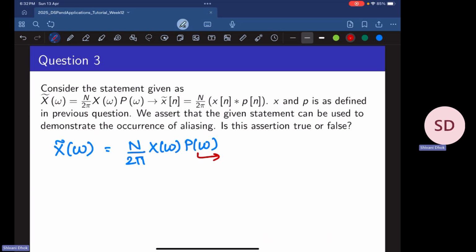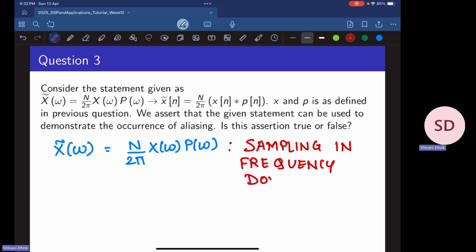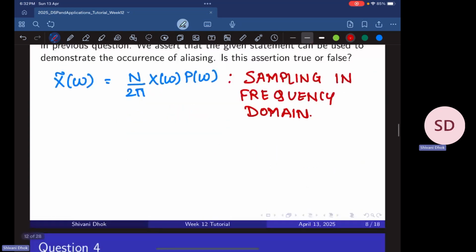So this equation here is basically sampling in frequency domain. Let me write it down for you.